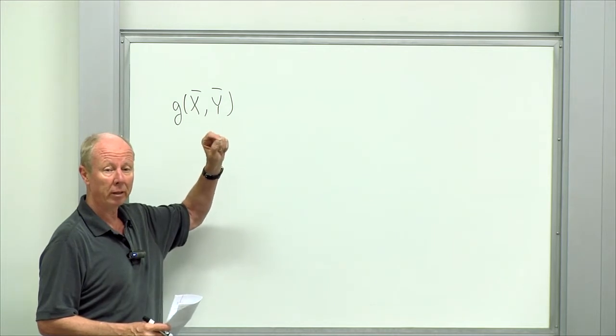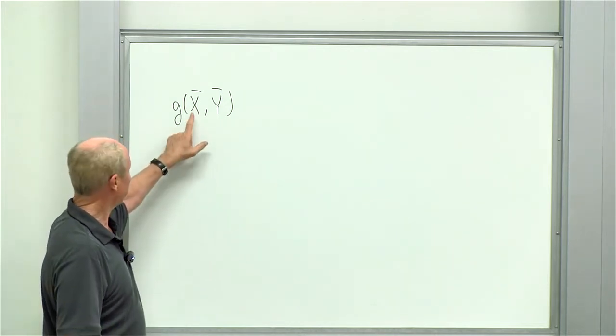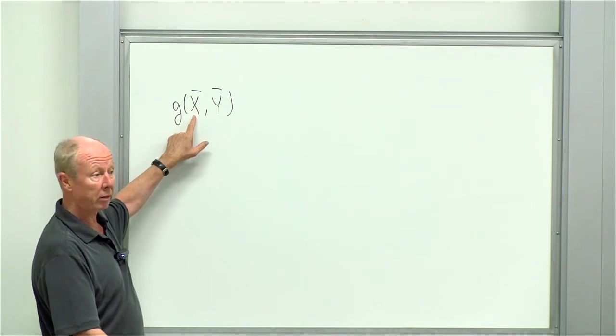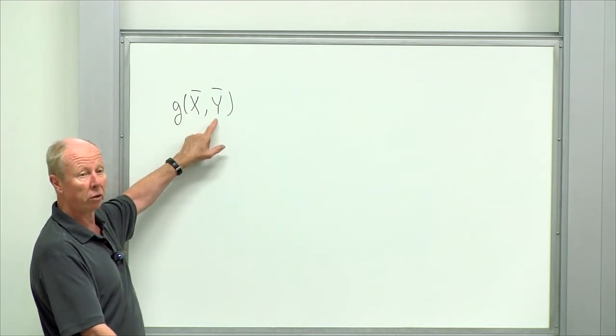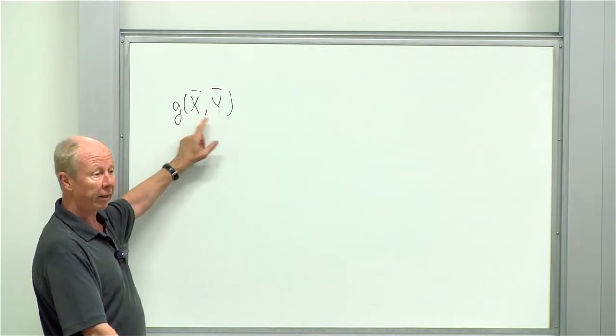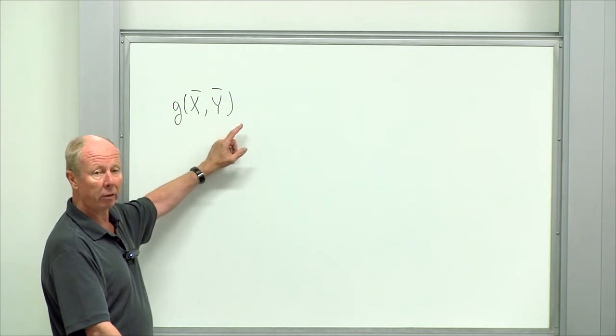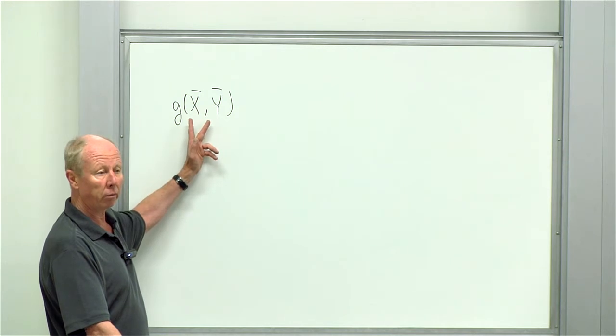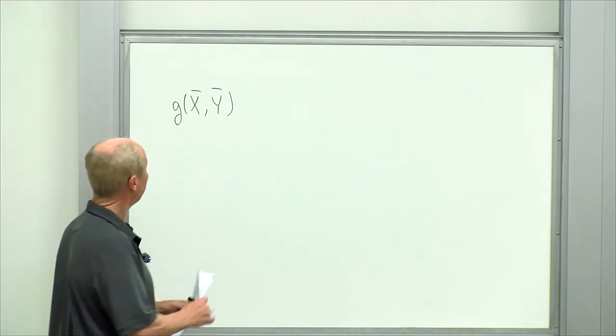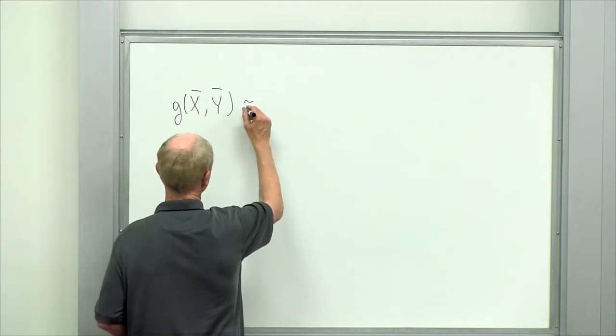If the sample size is big, the variance is small. So that means this should be very close to mu x. Similarly, this should be very close to mu y. So a Taylor expansion around mu x, mu y should be valid with very high probability. So that's why this works.